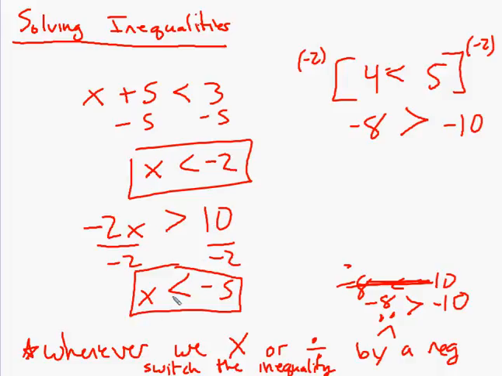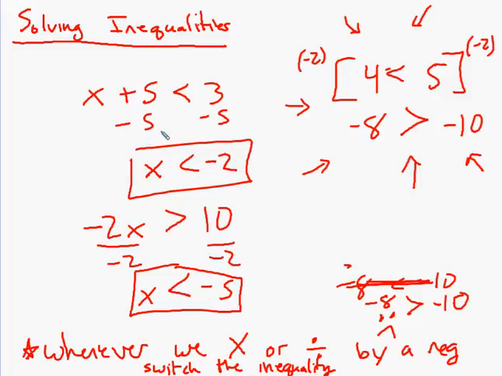It flips around because of this. And it doesn't matter which numbers I use in this example, it's always going to be the case that whenever I multiply or divide by a negative, I need to end up flipping that around. So that's, in a nutshell, the main thing that you need to remember for solving inequalities. For the most part, they work the same as equalities with that exception.